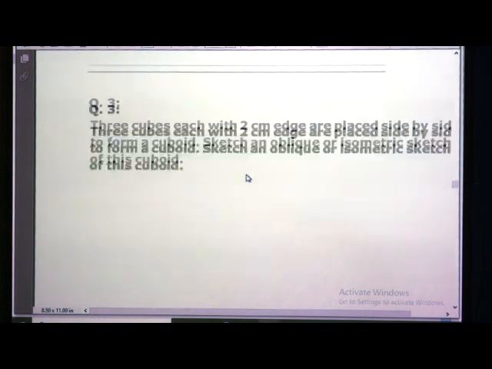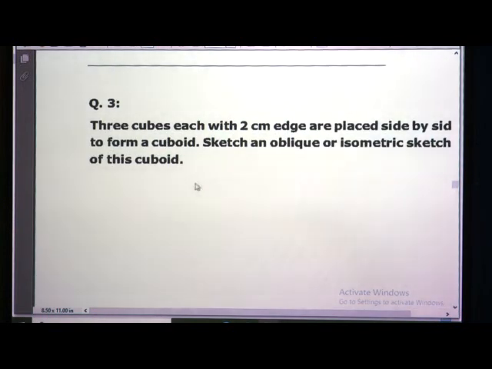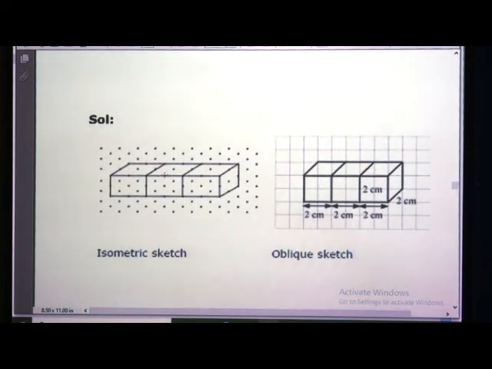draw the cuboid. Here is one more example: 3 cubes, each with 2 centimeter edges, are placed side by side to form a cuboid. Sketch an oblique or an isometric sketch of this cuboid. Here we have 1, 2 and 3 centimeter, and it is 1 and 2 centimeter here.